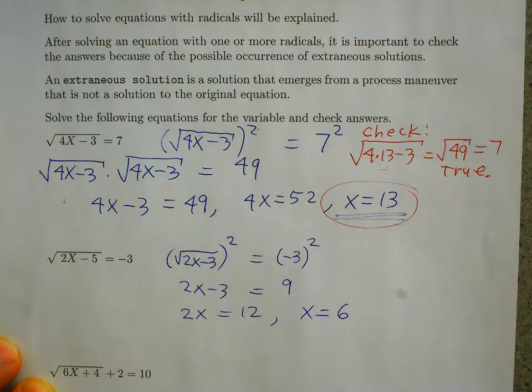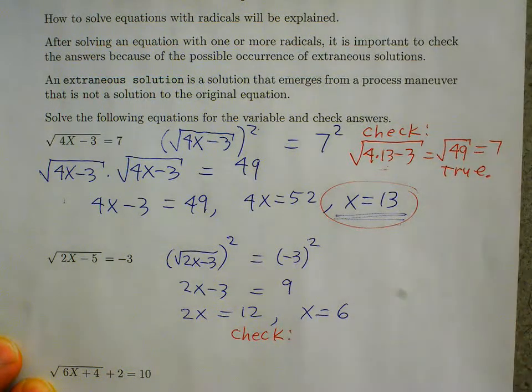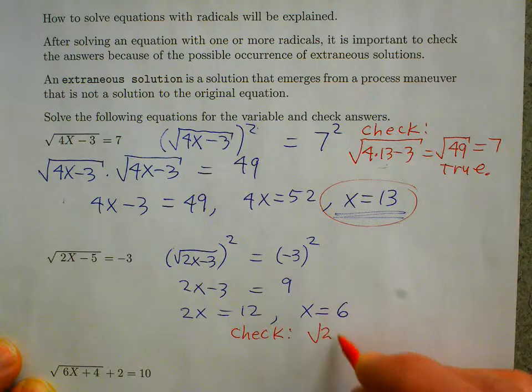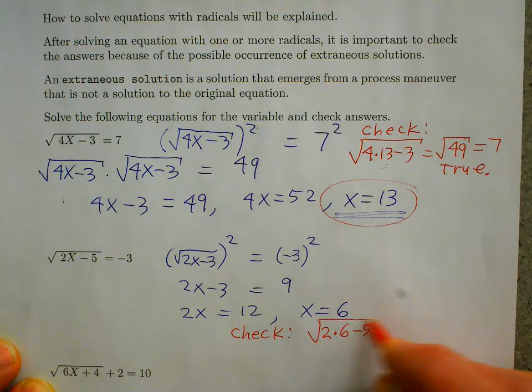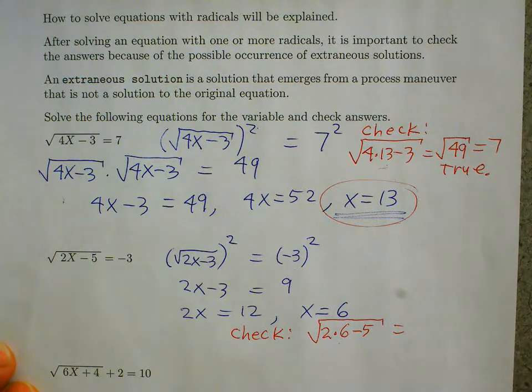Okay, then to check, so we check this in the original equation, square root of 2 times 6 minus 5. 2 times 6 is 12. 12 minus 5, let's see, it used to be 2x minus 5, not 2x minus 3.